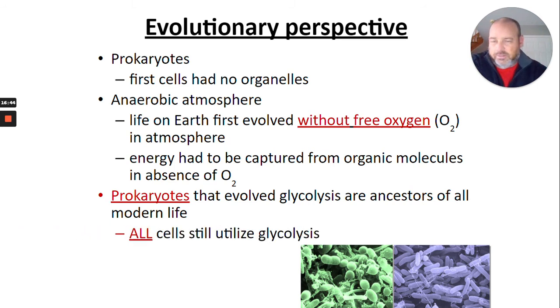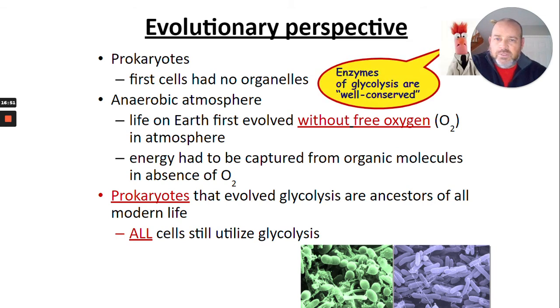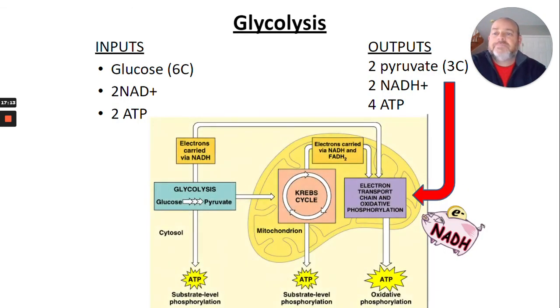All living cells, no matter what they are, still utilize glycolysis. That means all of those enzymes that run glycolysis and all those steps I showed you are very well conserved. That's a term we use when something has stayed the same for a very long time through evolution and hasn't changed much because it works really well and has done its job, and it hasn't needed to change, I suppose. No mutation ended up being more beneficial so far.